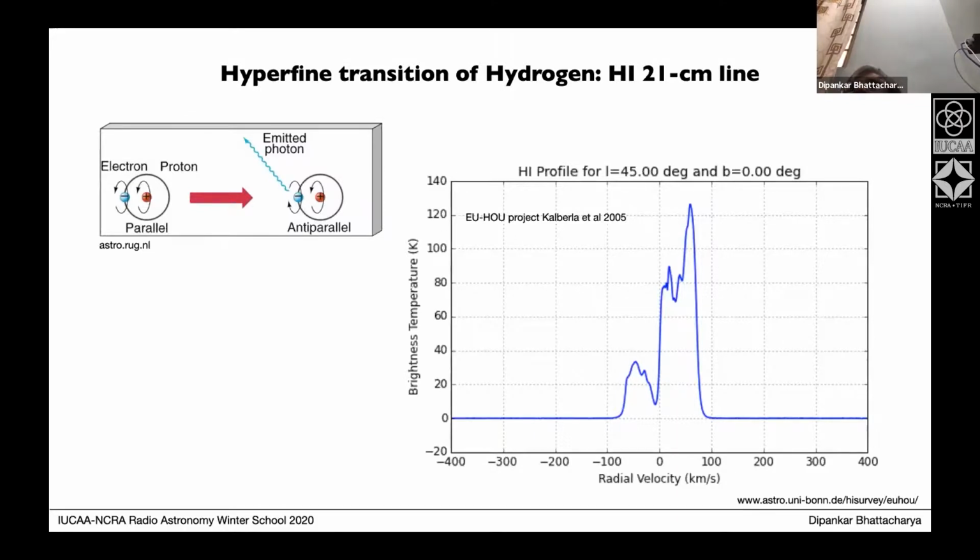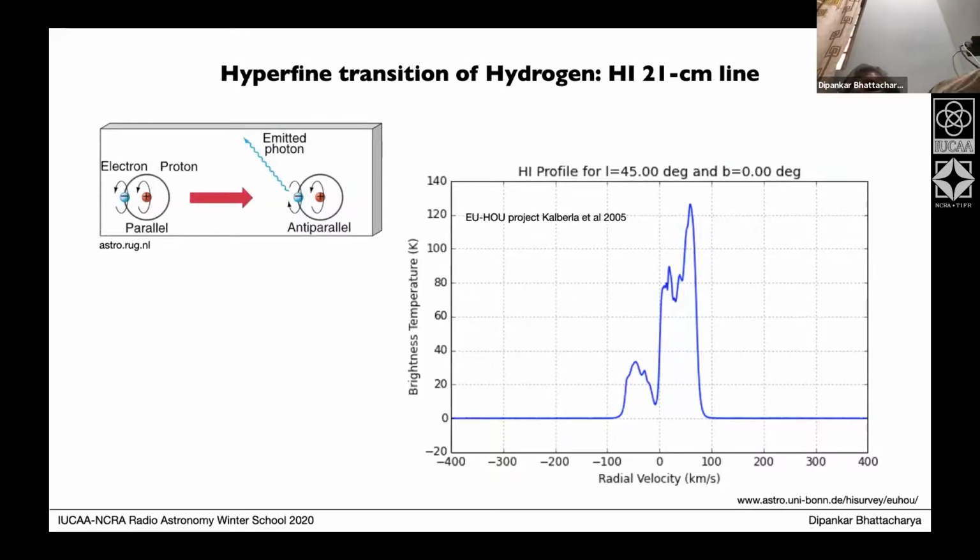And that photon has this frequency of 1420 megahertz or a wavelength of 21 centimeters. Since hydrogen is highly abundant in the universe, this line happens to be one of the strongest lines that one can see, both in emission and in appropriate situations in absorption.